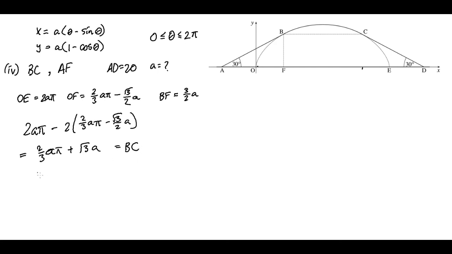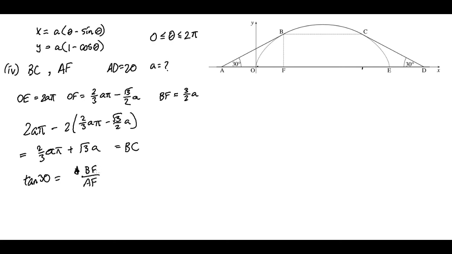And AF is just normal trigonometry. Go back to degree mode again. Let's see. Degree mode, tangent of 30 is just BF divided by AF. We want to find AF.